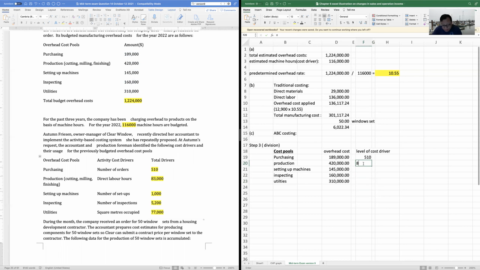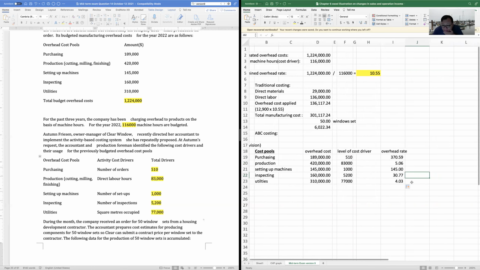And 83,000, 1,000, 52,000, 5,200, 77,000. And then the predetermined overhead rate is going to be the cost divided by the cost driver. Right? Okay, so I get all these numbers.